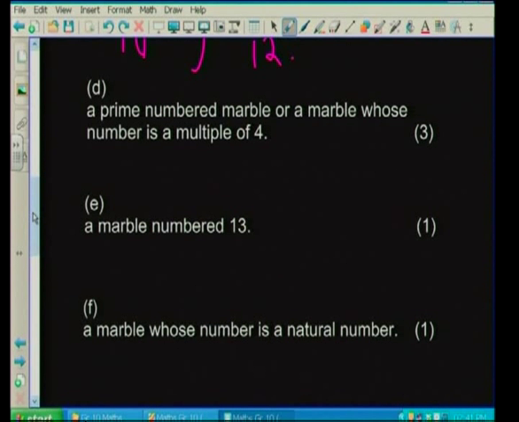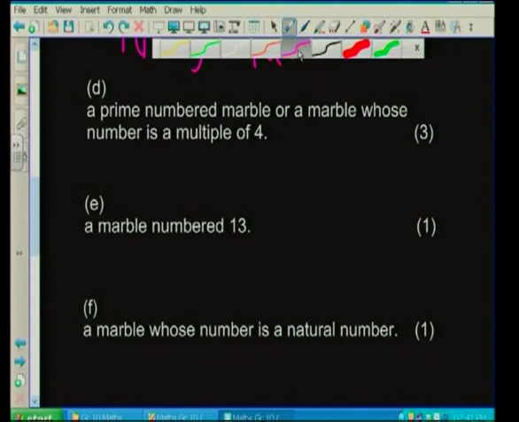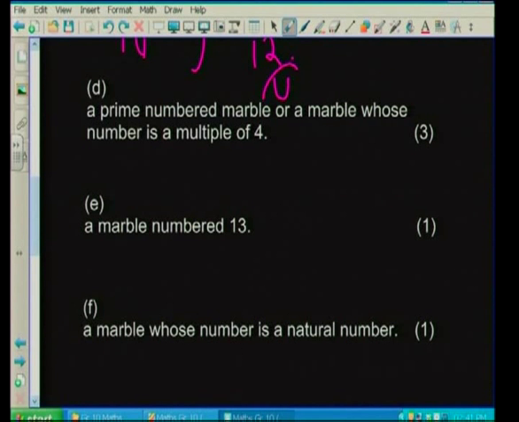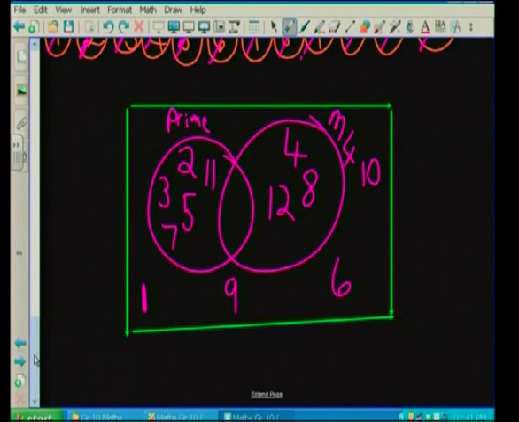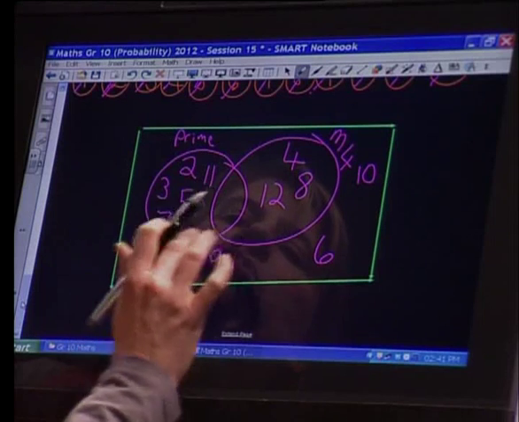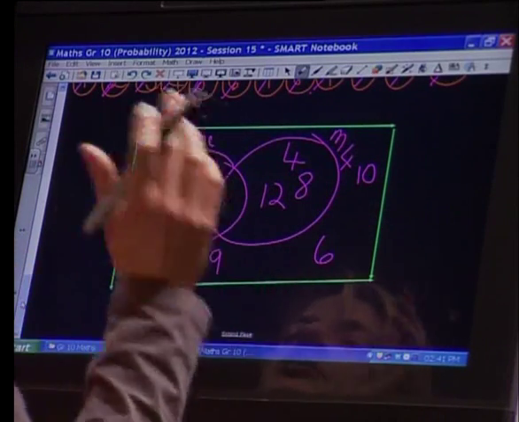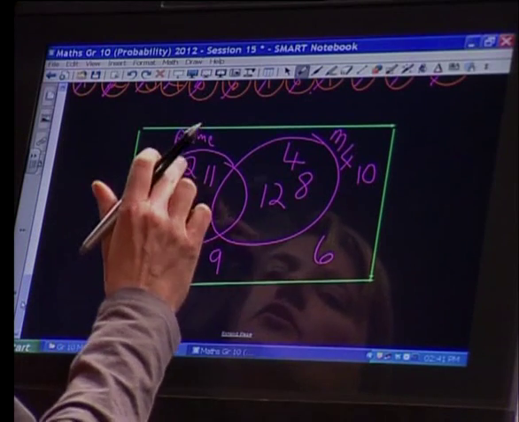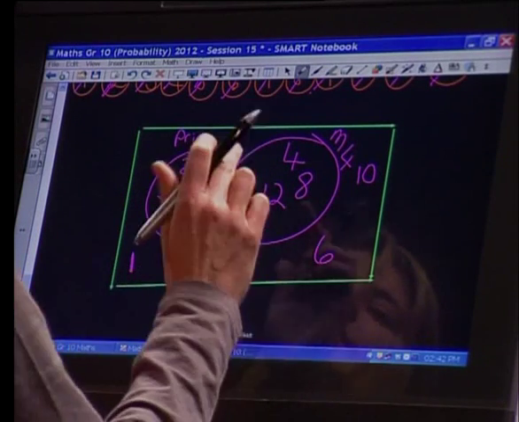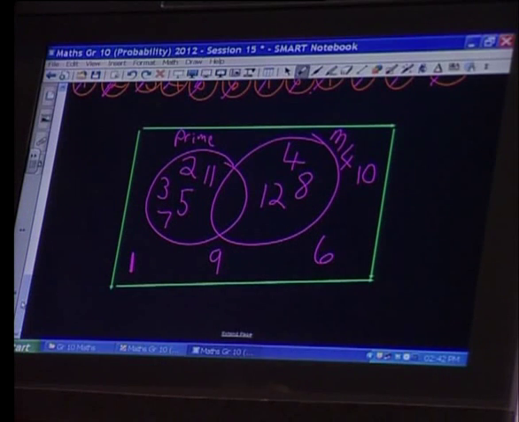Now, it's very, very important that you guys remember from early on that the word or and the U sign go together. U stands for union, and whenever I have or, I am talking about union. And if I go and look at my Venn diagram, it means all of the events in prime and all of the events in multiples of 4. So I have got 1, 2, 3, 4, 5 primes, and then I've got 3 multiples of 4, so that is 8.